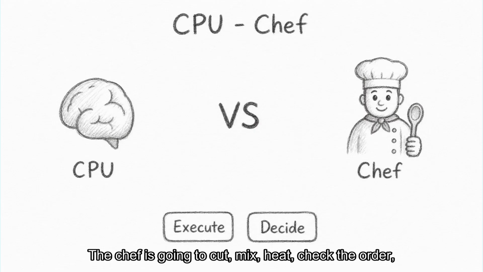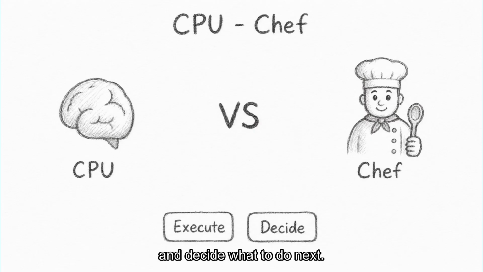The chef is going to cut, mix, heat, check the order, and decide what to do next. And the CPU is similar. It reads instructions, calculates, makes decisions, and processes what's going to happen next. So, the CPU is the center of actual execution. No matter how good the program is, in the end, the CPU is the part that's really running.